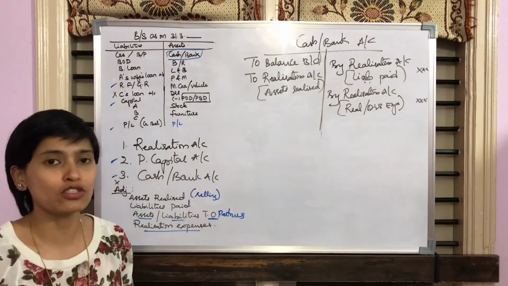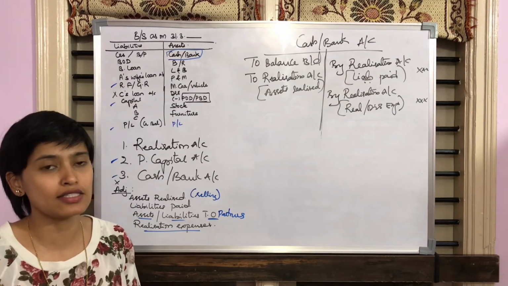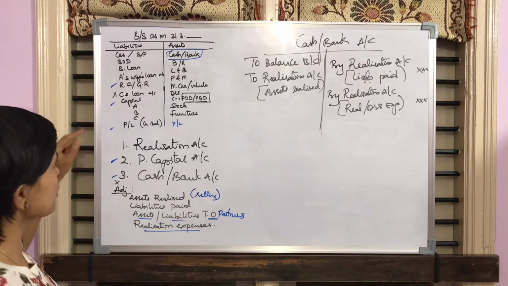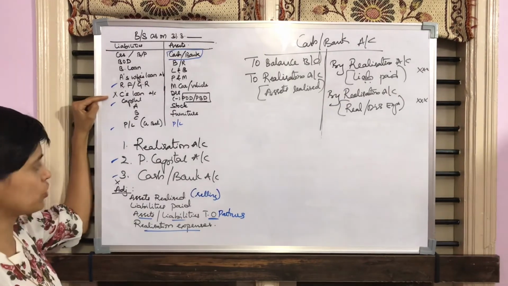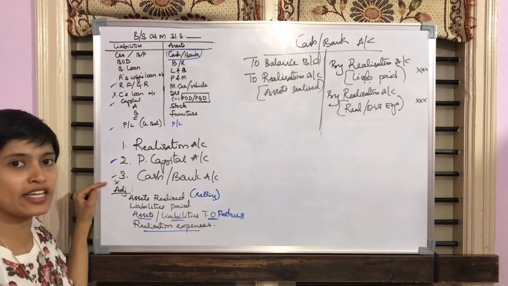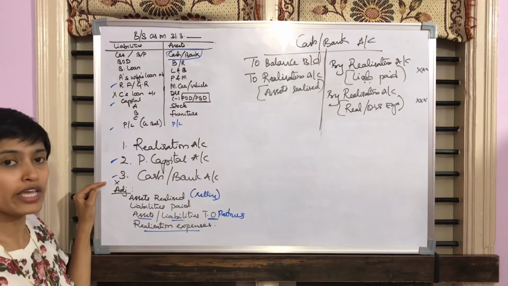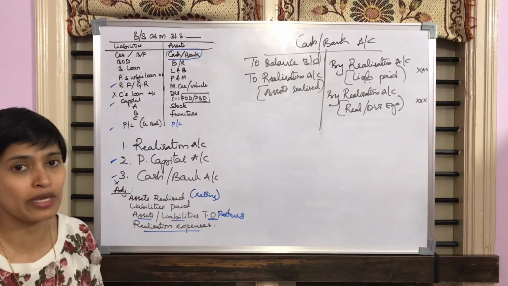Now, you need to follow the balance sheet, if there is any partner's loan. Now in my imaginary question, if you observe students, I have written C's loan account. I have put an amount, and the same thing is reflecting in cash or bank account. So if there is any partner's loan, this also needs to be cleared off.